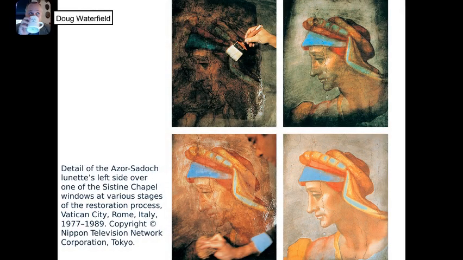They were very careful in how they cleaned the ceiling, and this is just a little bit of the process. First, they would put a very mild cleaning solution over it, brushed very delicately, and then they would put layers of rice paper over that and let it dry a bit, and then pull it off. And when the paper came off, it would take some of the grime with it.